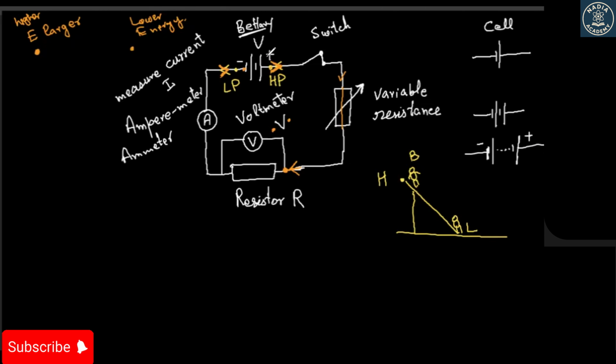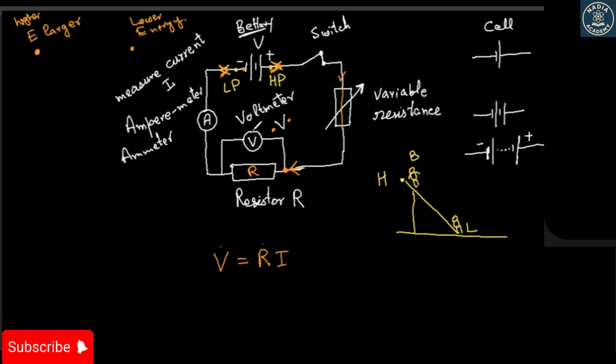The current that we generated with this battery must all go through this resistor, because this is our main element. We want to test Ohm's law, that the potential difference is equal to resistance times current, because we want to tell how much potential difference is across this resistor R, and how much current passes through it. Got it?